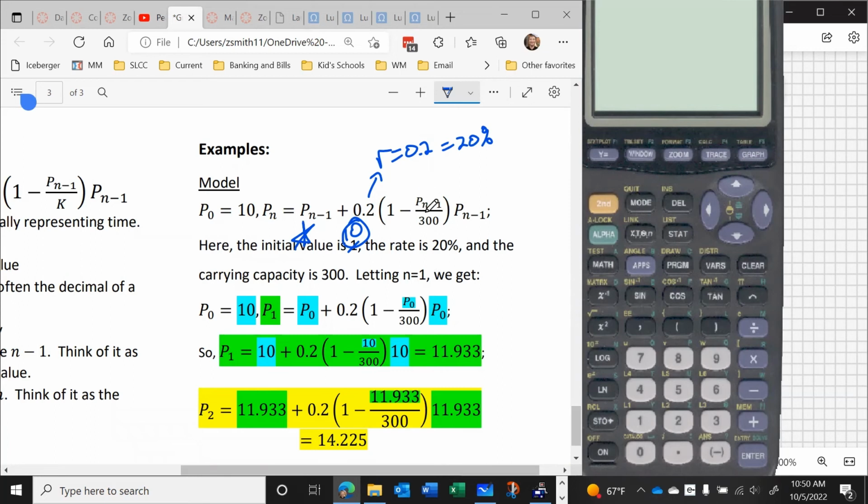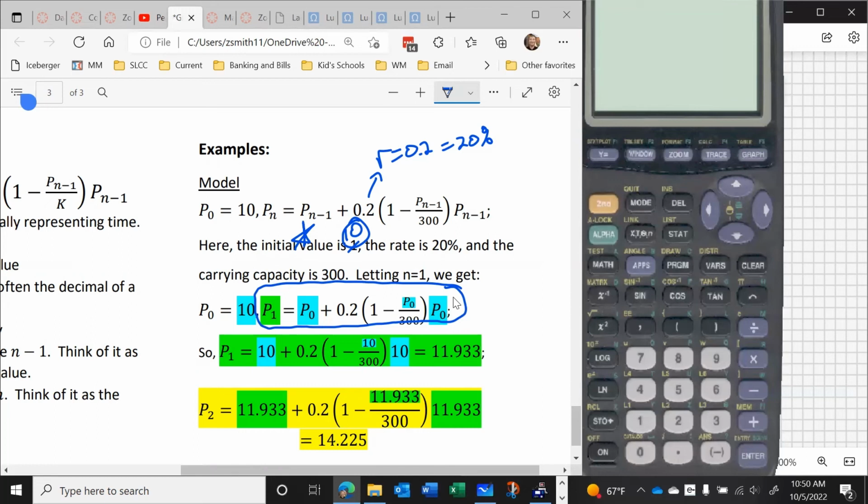All my P sub n minus 1s, when I let n equal 1, turn into P sub 0s. So if you look at this formula right here, this is where I have plugged in n equals 1 into the initial formula. I know P sub 0, so every one of these blue spots, I plug in the 10, and I get the green P sub 1. And I've rounded this.